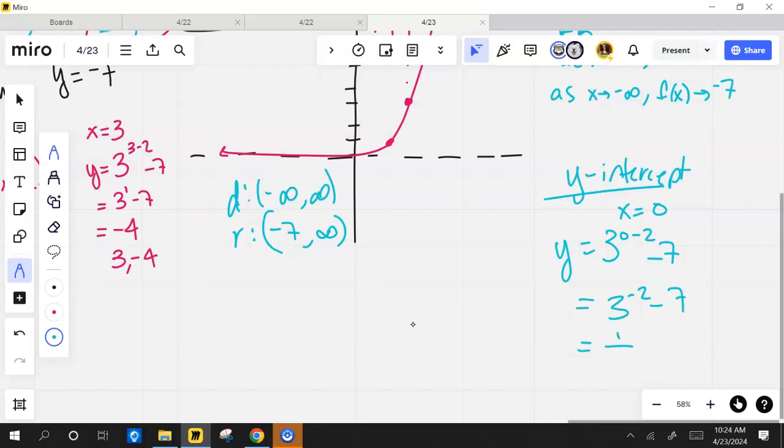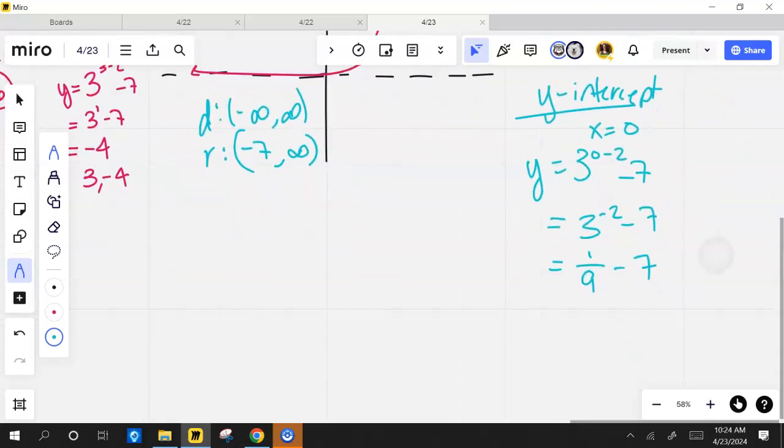Close, to the second, which is 1/9. And if you want to use your calculator, you can. If you're good with fractions, this is 63/9. So it's -62 over 9.